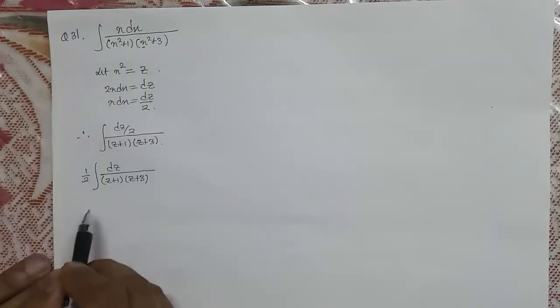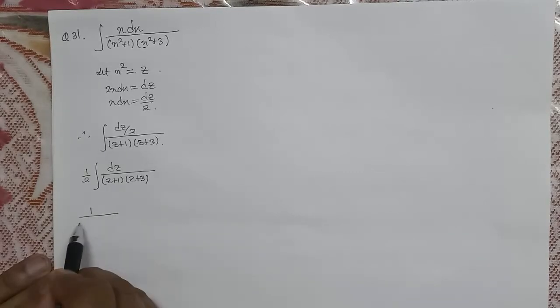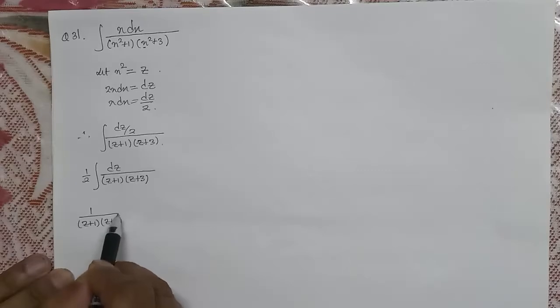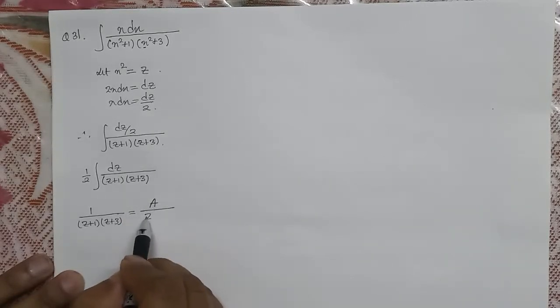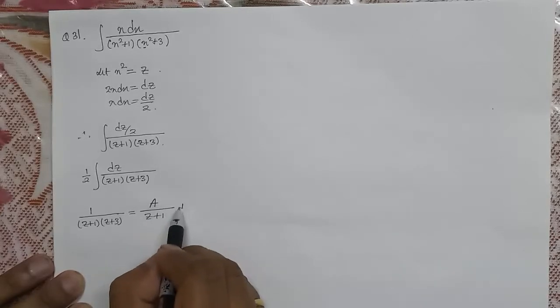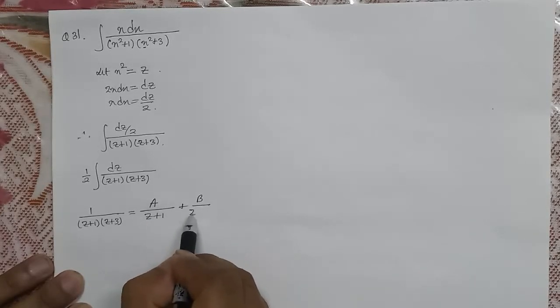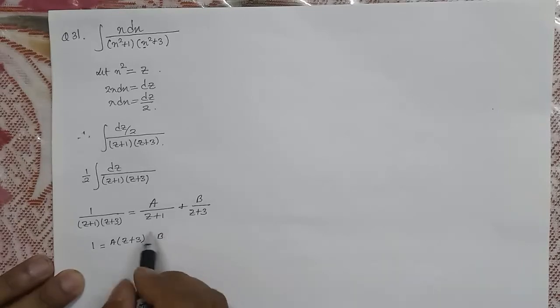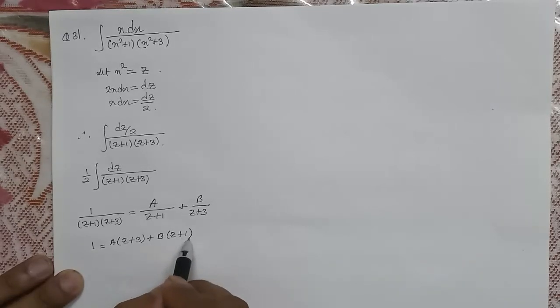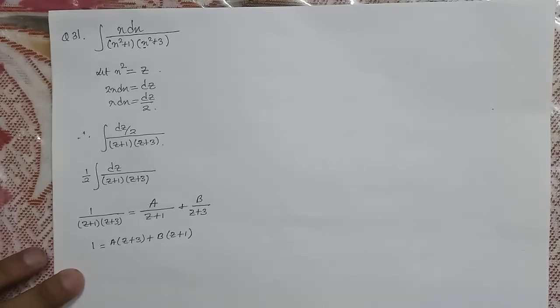The partial fraction will be 1 over z plus 1 into z plus 3 equals a over z plus 1 plus b over z plus 3. Now take the LCM: a into z plus 3 plus b into z plus 1. Now you have to calculate the values of a and b.